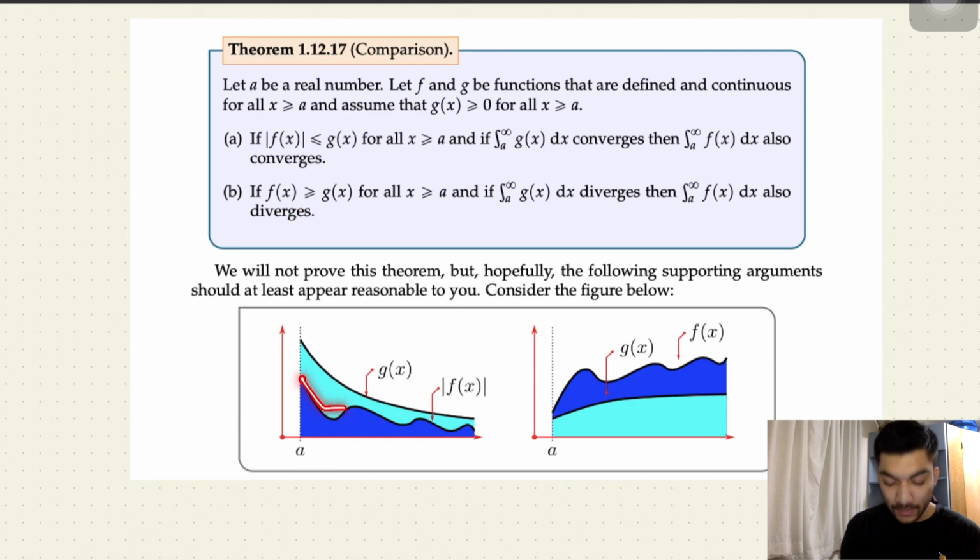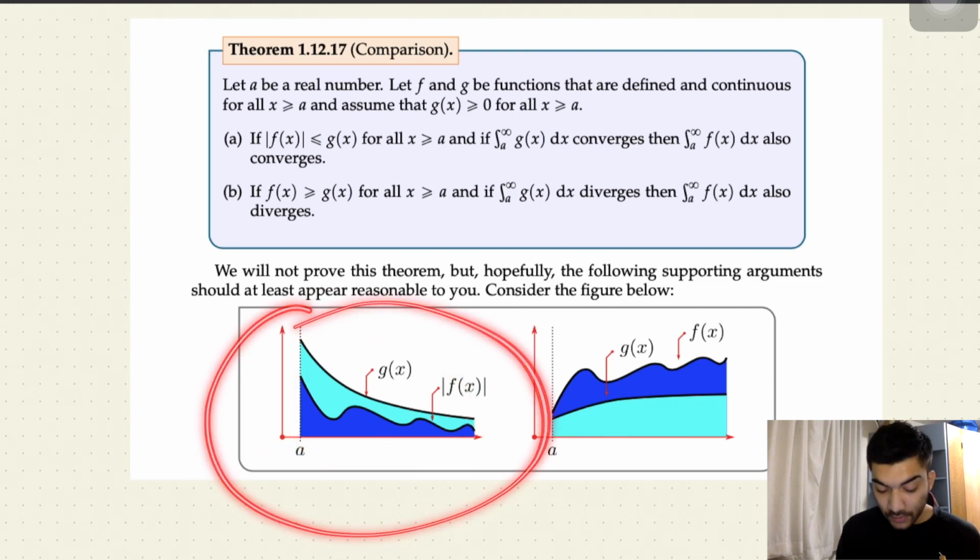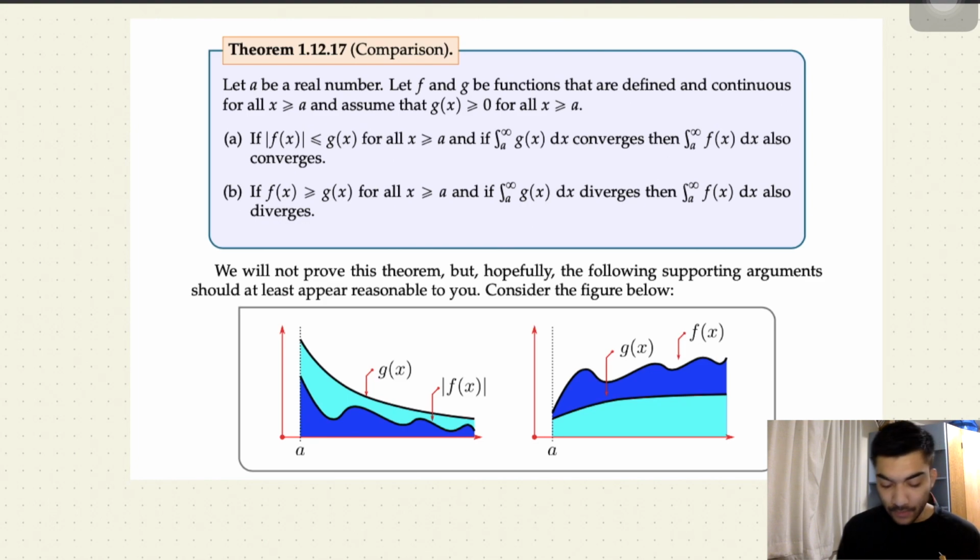So if that's the case, if your absolute value of f of x is always less than or equal to g of x for all the values of x for which you are calculating the definite integral, and if the integral of g of x converges, then you can clearly state that your definite integral of f of x dx with the same bounds will also converge. And this is what you can also reasonably argue by looking at the picture, right?